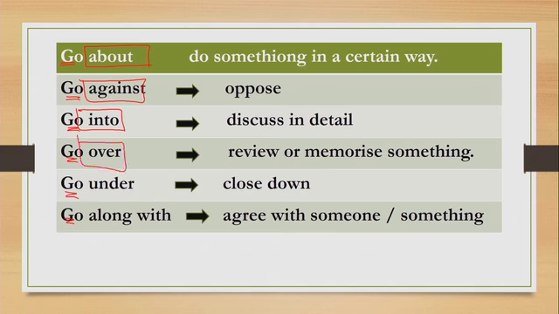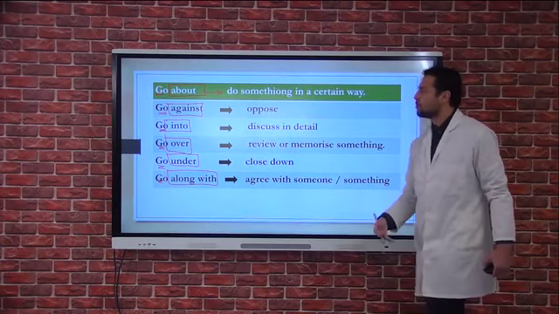For example, in the first one we have about, against, into, over, under, along with. As you can see, we have the same basic verb, but with different prepositions, right? If we have go about, what does it mean to go about? It means to do something in a certain way.